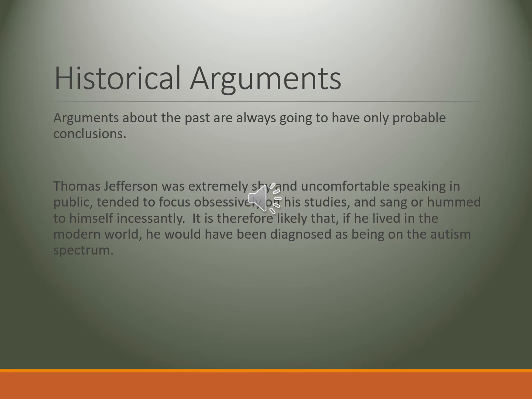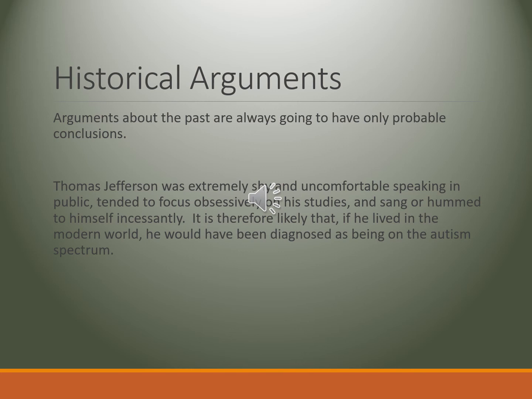Thomas Jefferson was extremely shy and uncomfortable speaking in public, tended to focus obsessively on his studies, and sang or hummed to himself incessantly. It is therefore likely that if he lived in the modern world, he would have been diagnosed as being on the autism spectrum. Now, this is an argument about the personality, the characteristics of a historical figure who lived hundreds of years ago.